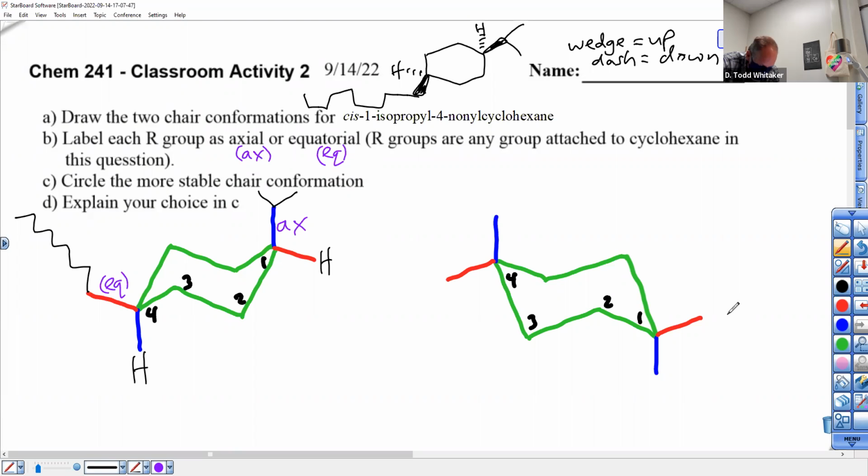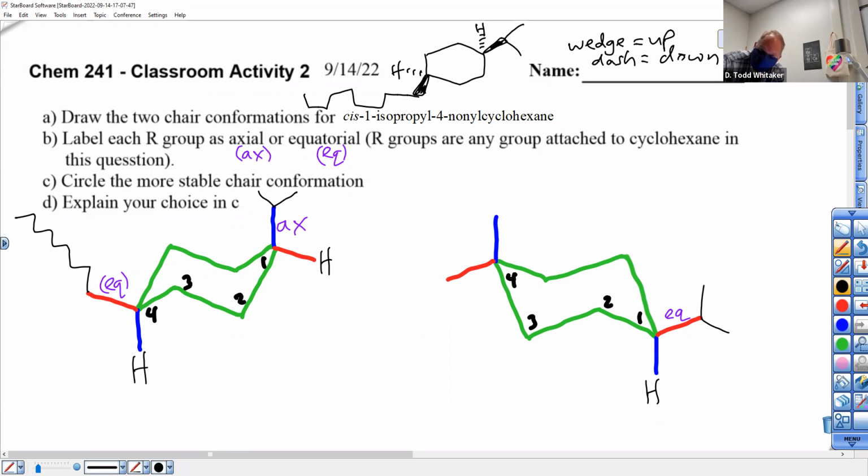Let's do red, because axial has to become equatorial. If you chose blue, straight out wrong. We like straight out right, because every axial has to become equatorial, and every equatorial has to become axial. 1, 2, 3, 4, 5, 6, 7, 8, 9. H. Wait, did I do that right? No! I lied.